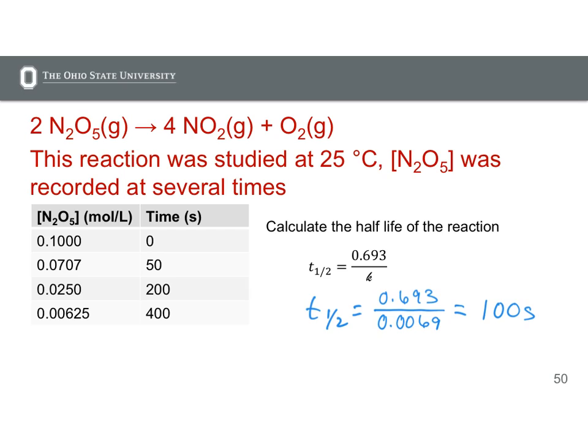You can kind of estimate this as well from the data. Questions on that? Yeah. You should use the absolute value of k, but you should get a positive number for time. Any other questions? Okay.